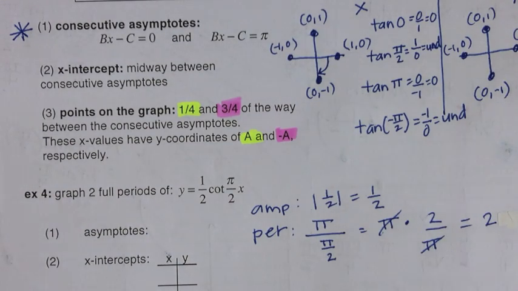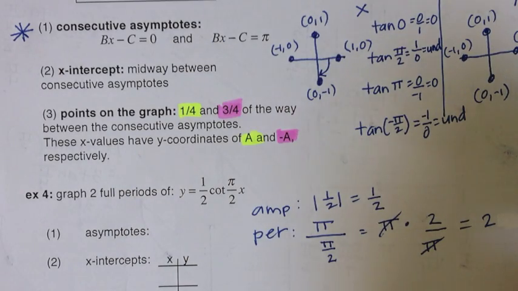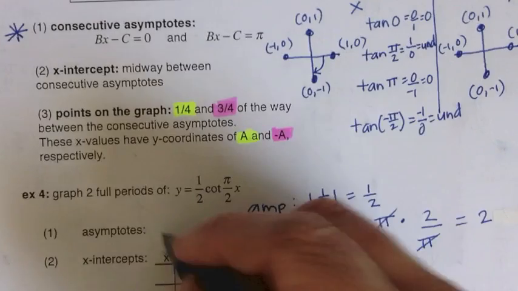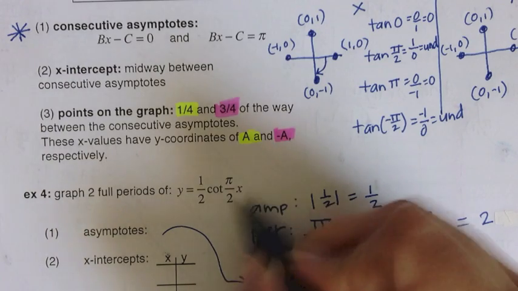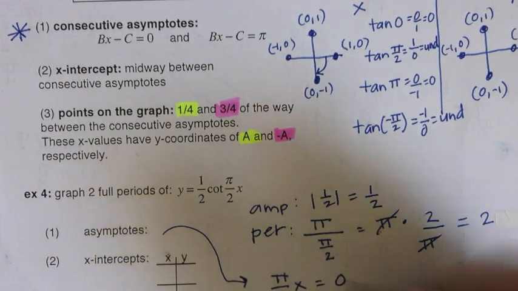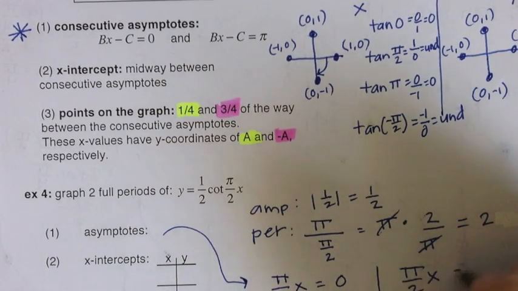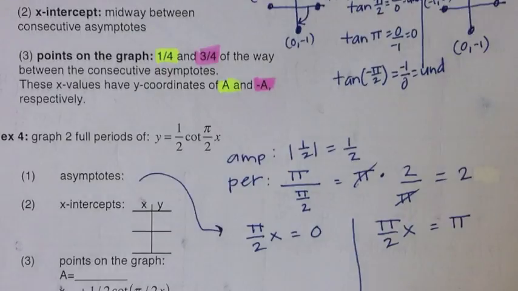We'll just confirm this with our graph, and the way we're going to do that is by finding our asymptotes. So with cotangent, to find our asymptotes, we set whatever's in with the x, pi over 2x, equals 0, and pi over 2x equals pi. Okay?